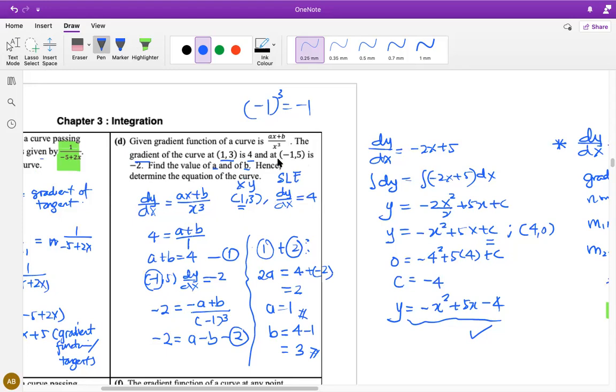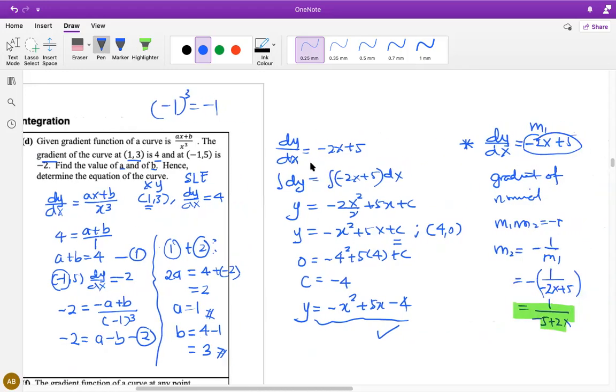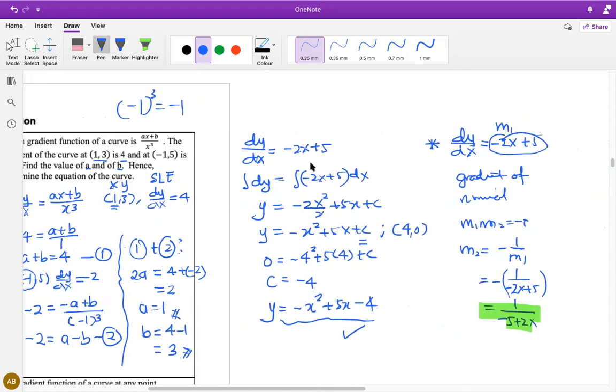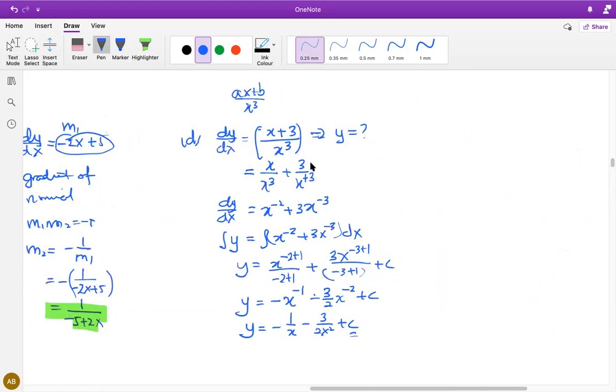That means the curve passes through these 2 points, 1, 3 and negative 1, 5. So we choose one of the points, 1, 3.